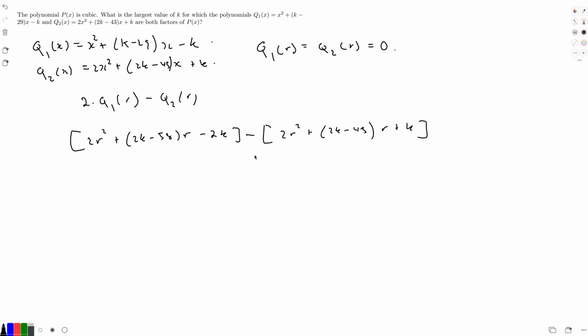Let's do the subtraction. Then r times (2k minus 58 minus 2k plus 43) becomes negative 15r, and this becomes negative 3k, and this is equal to 0, of course.